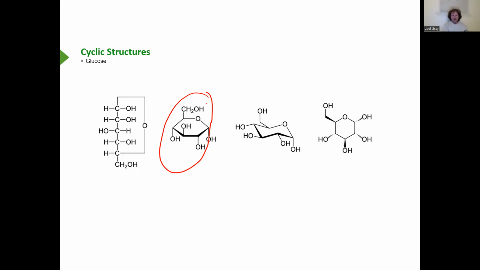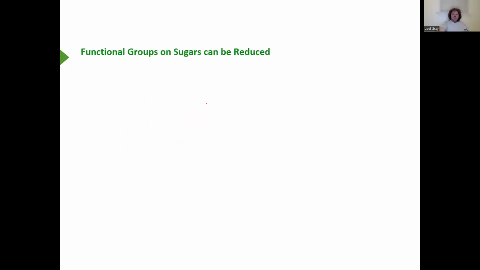If you open up most biochemistry textbooks, you're going to see that Haworth projection of glucose. The other three are relevant, and you can get some information from them, but I think number 2 there is the best and displays glucose the best.